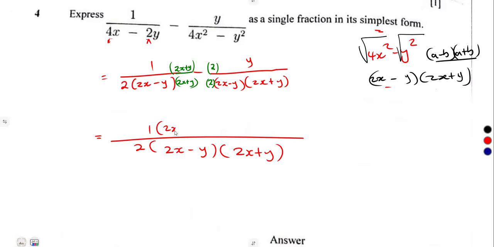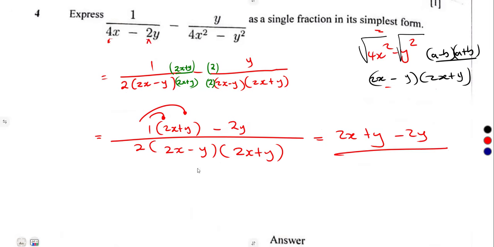So it is 1 into 2x plus y minus 2 times what? 2 times y, which is 2y. So that is it. Here we can simply expand the bracket. 1 times 2x, 1 times y, that's y minus 2y. Everything over the denominator, 2 into 2x minus y into 2x plus y.